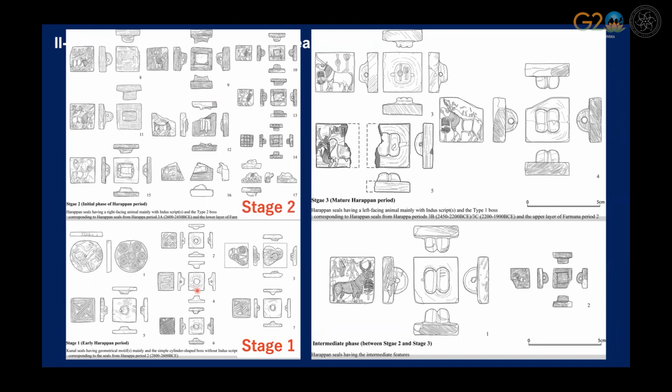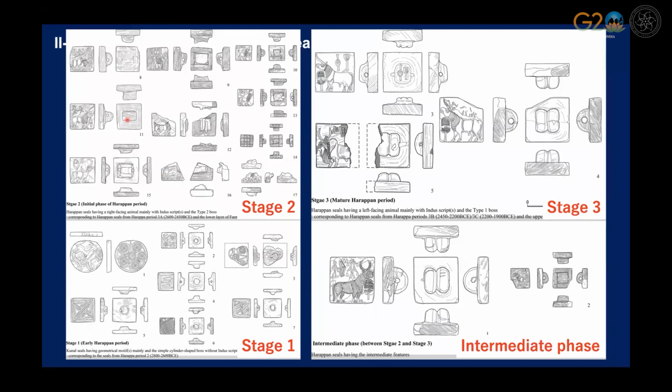Next, stage 2, initial phase of the Harappan period: Harappan seals having a right-facing animal, mainly with the Indus script, and a simple boss on the reverse of the seals, shaped as a square or bullnose square without an inside center line, corresponding to the Harappa seals from Harappa period 3A and the lower layer of Farmana period 2.